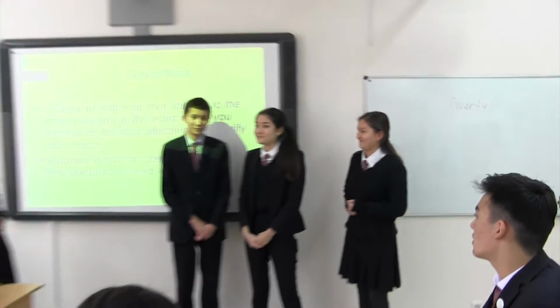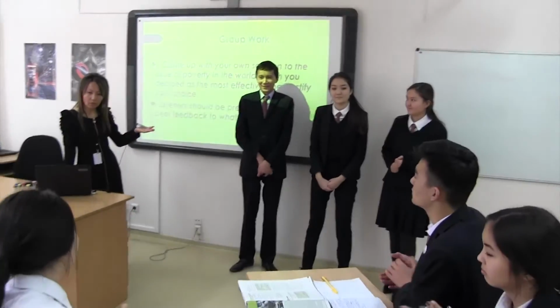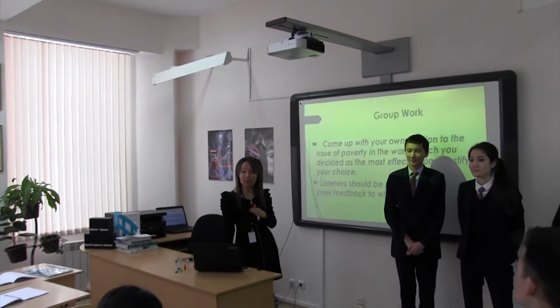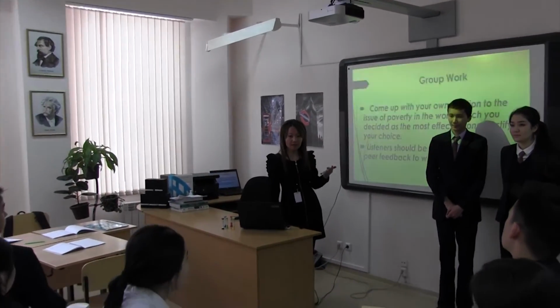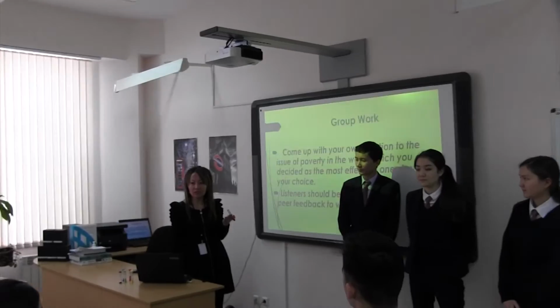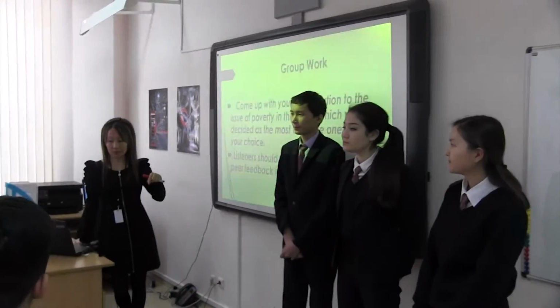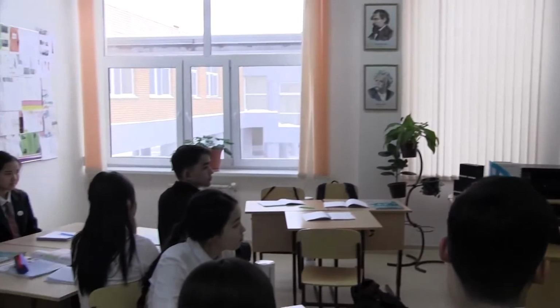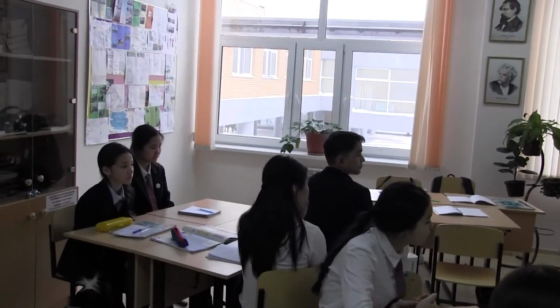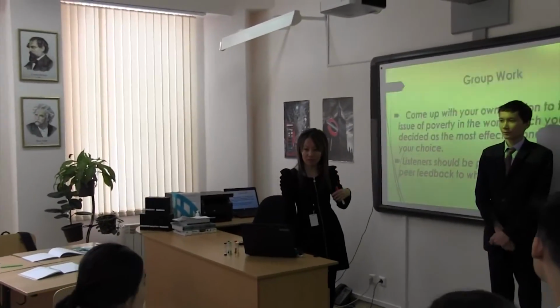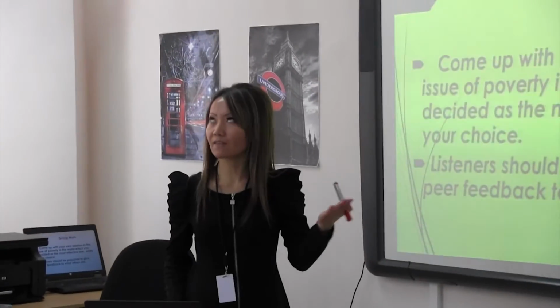Okay, nice. Thank you very much. So, group number 1's solution is related to education. They think that if we increase the level of education in the country, it can contribute to solving the issue of poverty. And they explained the consequences. Why do they think so?